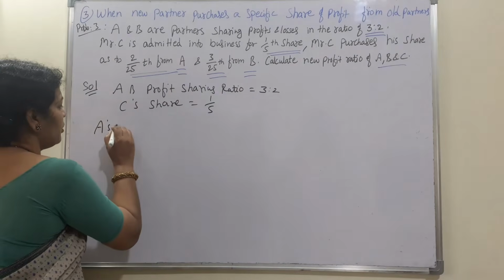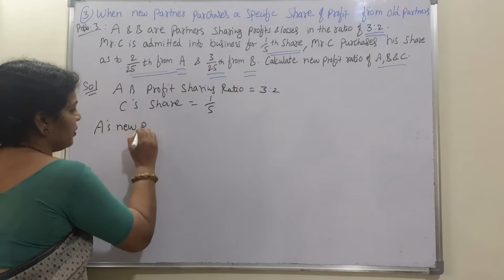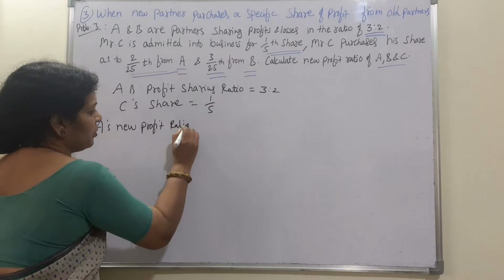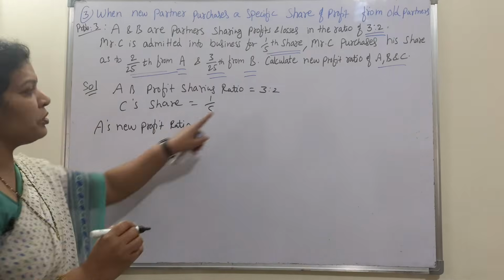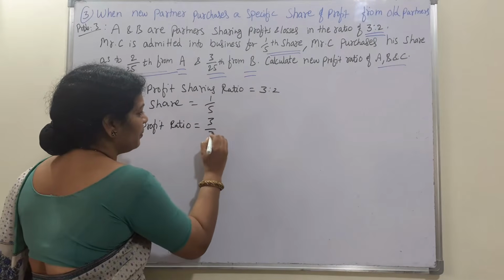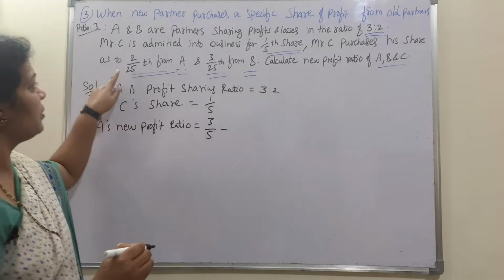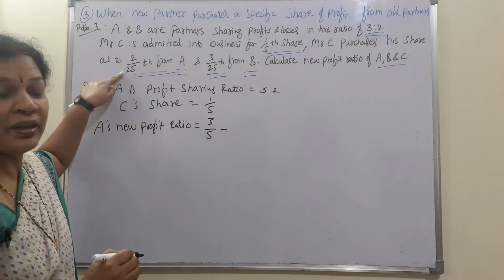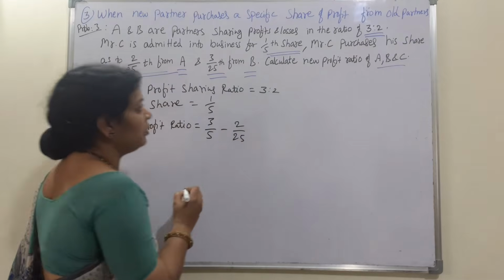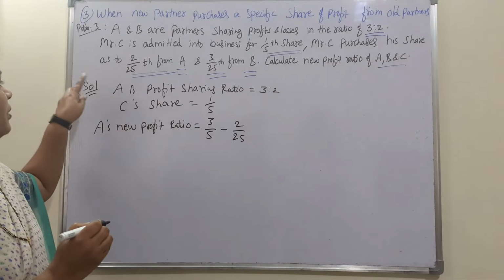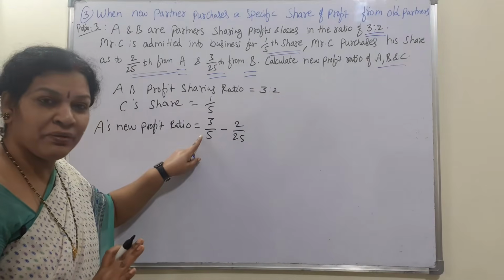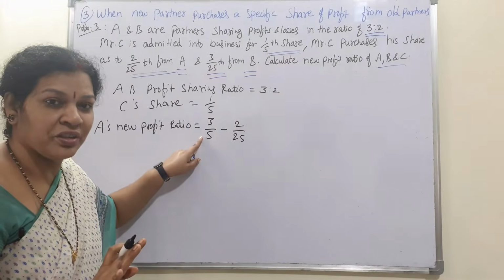A's new profit ratio is equal to his old ratio, which is 3/5. Out of this he is giving 2/25 to the new partner, that is C. Now how much is left? 3/5 was the old sharing ratio.